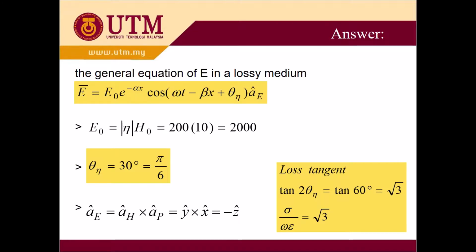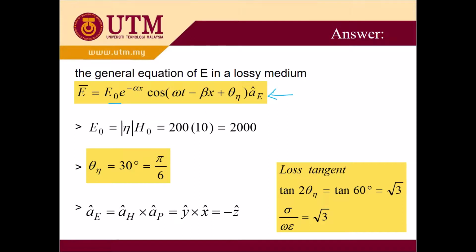So the general equation of E in a lossy medium, this is a general equation. We have the E naught, the attenuation factors, and the cos of omega t minus beta x plus theta n.